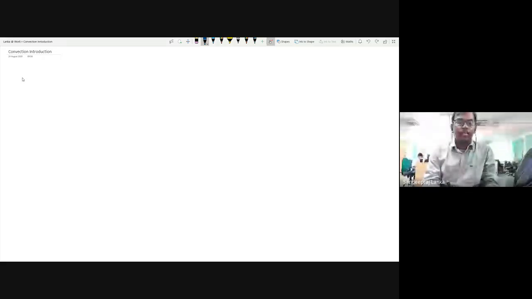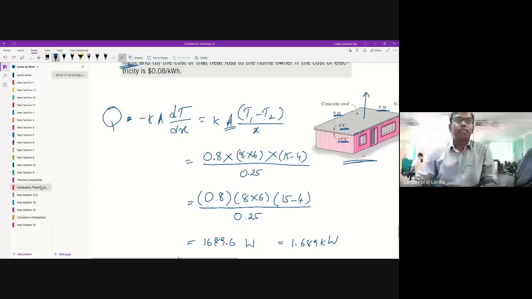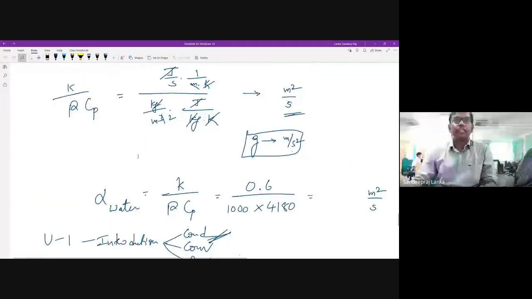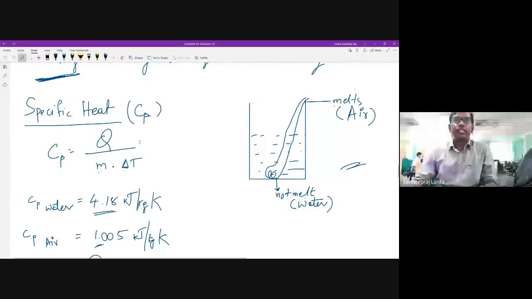Let's start. In the last class, we have seen conduction. We have concluded our discussion on conduction. Especially, we started at specific heat.